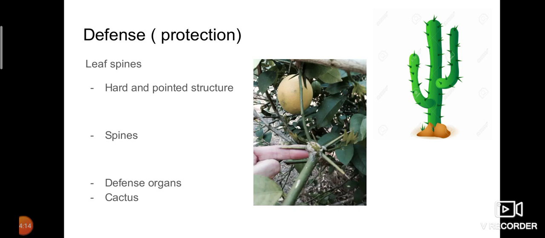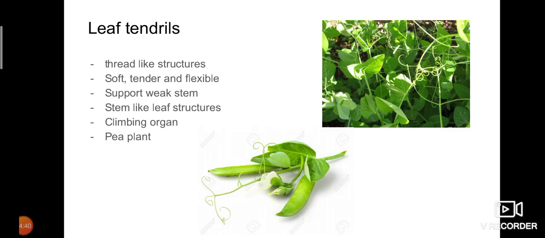If you take the cactus plant, you cannot find any leaves, because the leaves are modified into spines. So the defense mechanism is taking place by the modification of the leaves. The defense organs present in the cactus plant are spines.